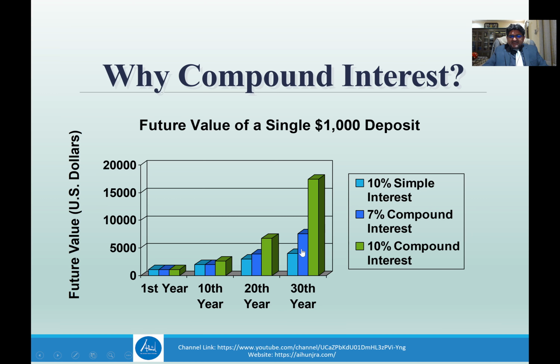Obviously, it's greater than simple but lesser than 10% compounding. So it's validated our understanding that the higher the interest rate and time period, the more will be the future value and higher will be the effect of compounding.